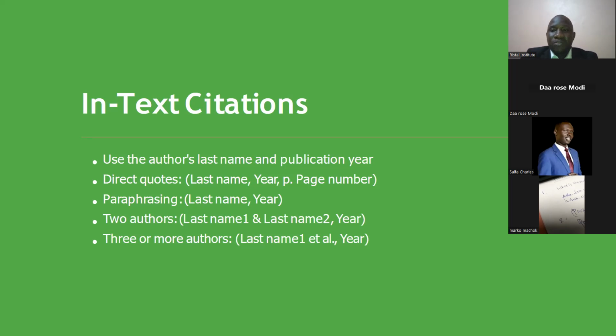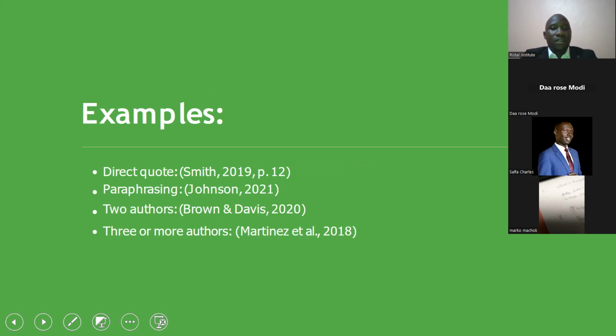Okay, so for example, if I led a team of researchers, including Charles, including Marco Machok. Okay, so these are three people, and I'm the one leading. So you put my last name, and then the others you say et al., and then the year. So that is for three or more research authors. So these are the examples.